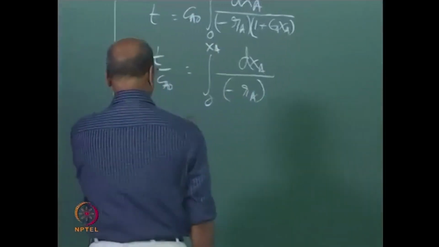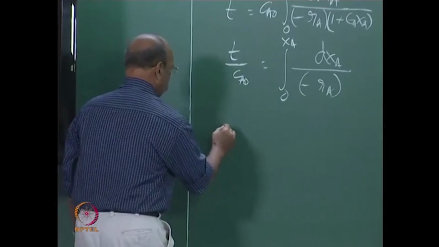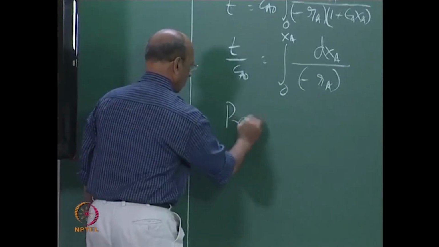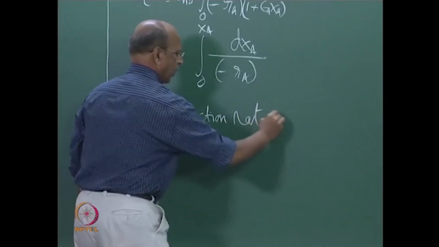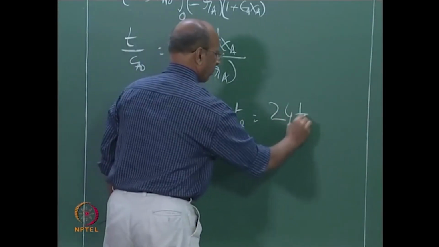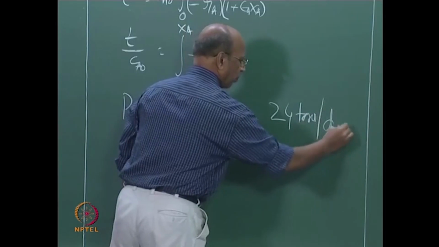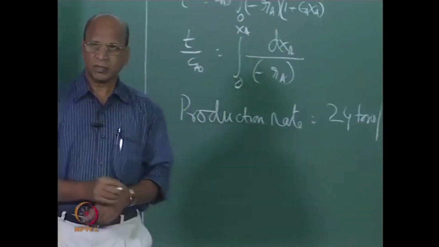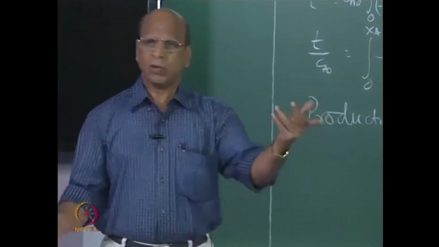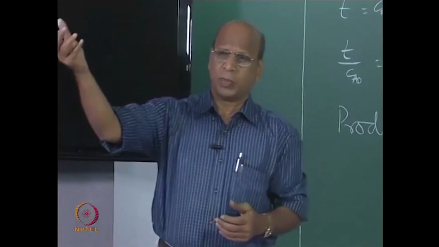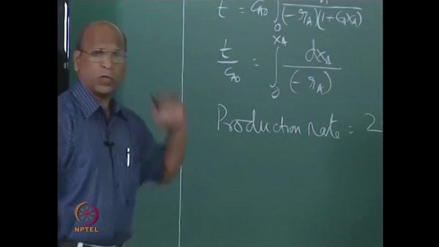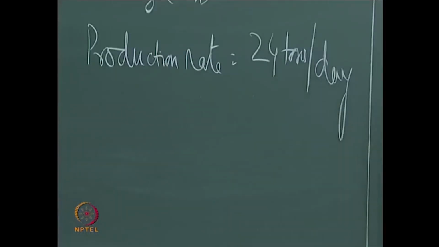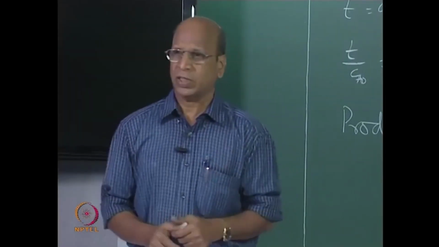Let me tell you, just for simplicity, I have to produce 24 tons per day. I could have calculated per year how much I have to produce, then per day I calculated and got 24 tons per day, and I have taken 24 because it is easy for calculations.